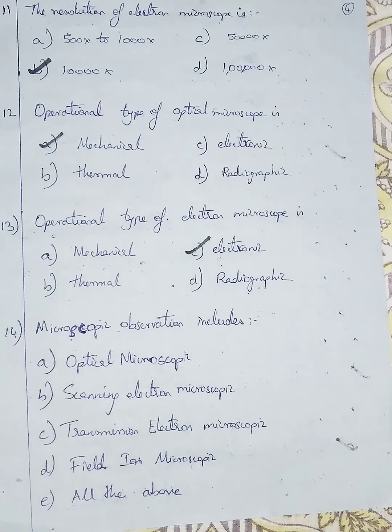Question number 14. Microscopic observation includes: option A, optical microscope. Option B, scanning electron microscope, also called SEM. Option C, transmission electron microscope, also called TEM, and field ion microscope. Option D, all the above. Optical microscope, scanning electron microscope, transmission electron microscope, and field ion microscope are all microscopic observations.